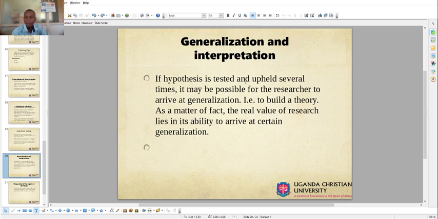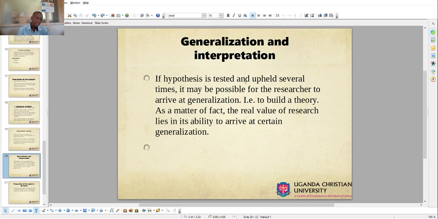Then generalization and interpretation. After that you have to interpret and find what the results mean. Okay? Do they make any sense? What did other people say? That's the discussion bit. So you interpret and then you generalize. I interpret my findings on the 310 BBC students I've selected, and after that I will generalize to the entire class.